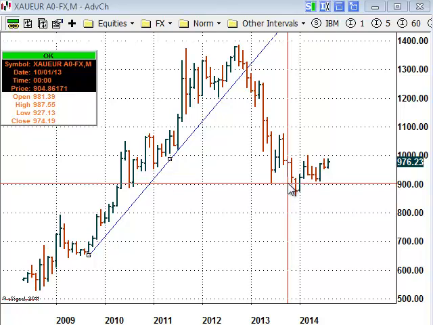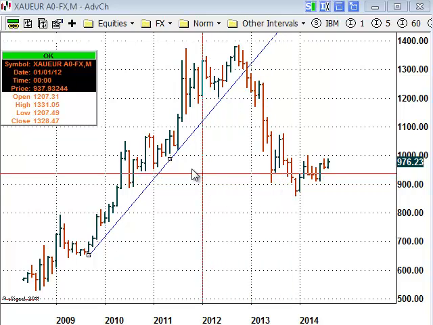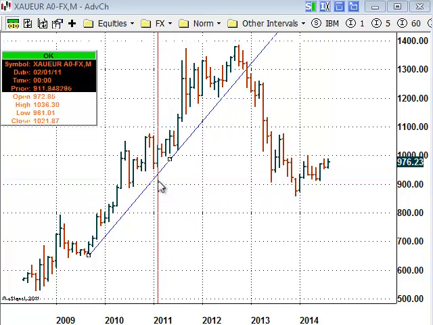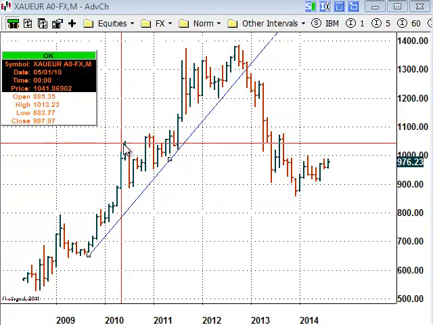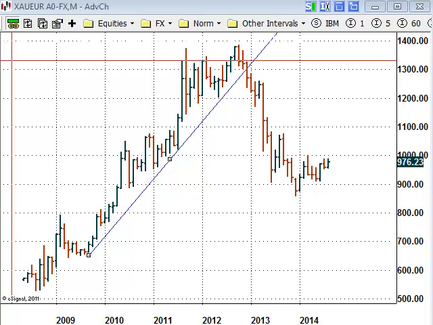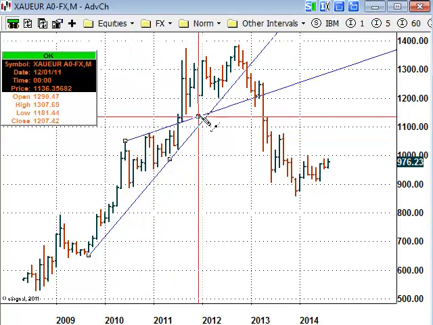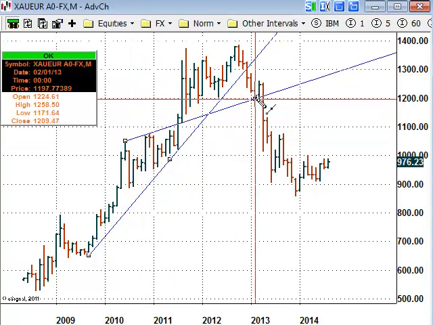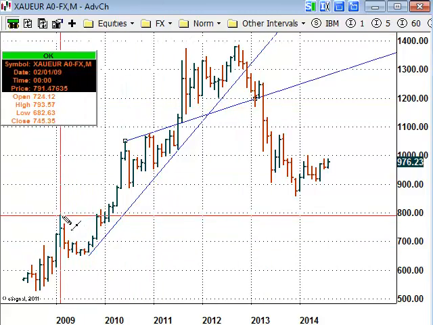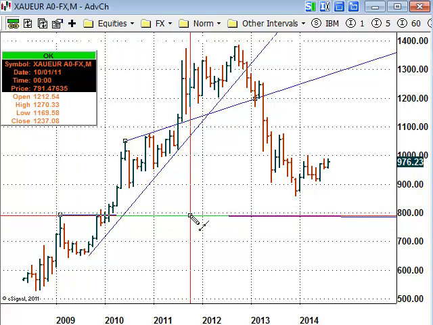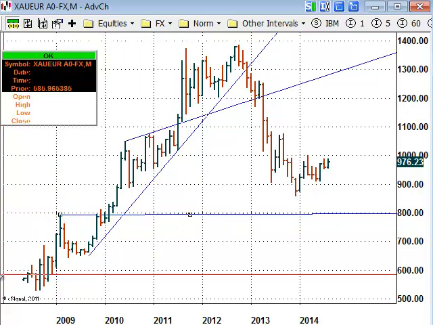Now the next thing is to try and come up with some support and resistance levels, and I'll see what I can do there. The first place would be if we work on across these highs here, we get a break which came through there. The next place would be if we work off this horizontal level. Not so pretty, but we get a price level there.